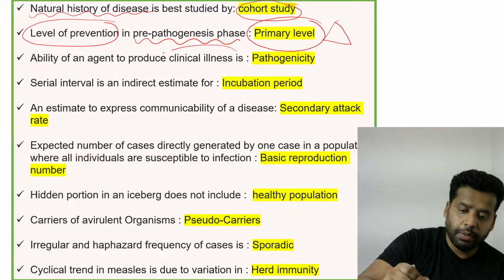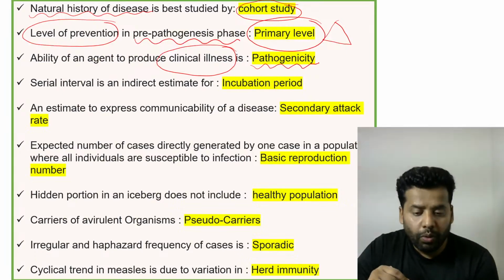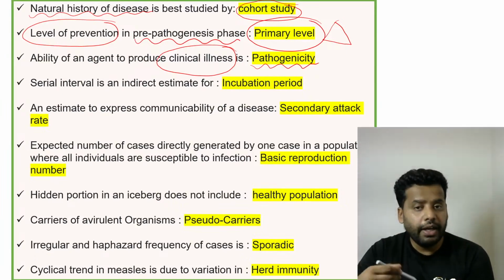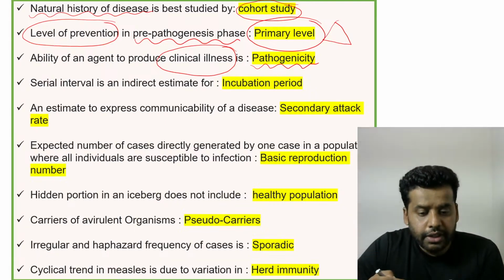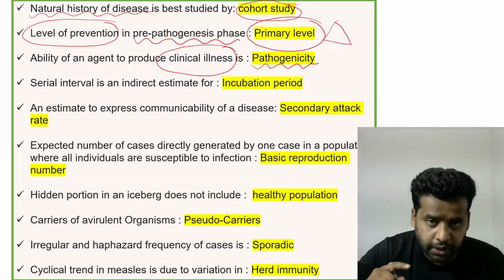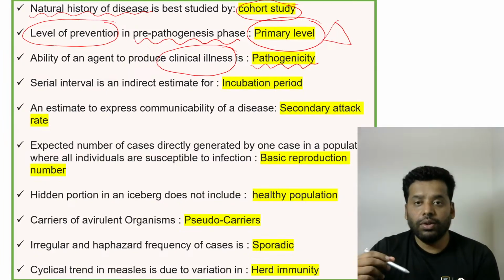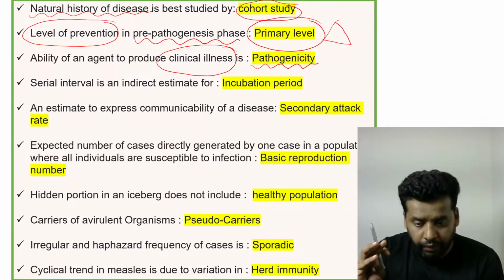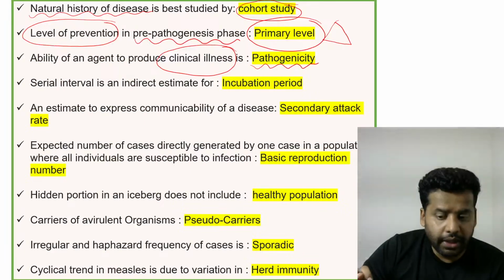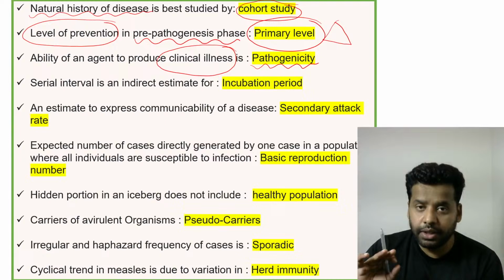Later, the agent will produce illness, that is pathogenicity. What is the ability of an agent to invade and multiply? Infectivity, good. What is the ability of an agent to produce illness? Pathogenicity. So there will be illness, there will be death also. Infectivity, pathogenicity and virulence, all this will come under pathogenesis phase.